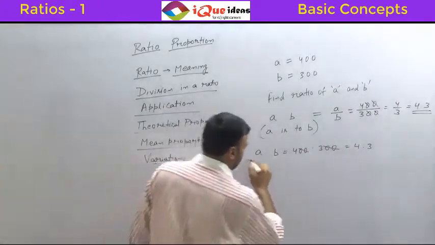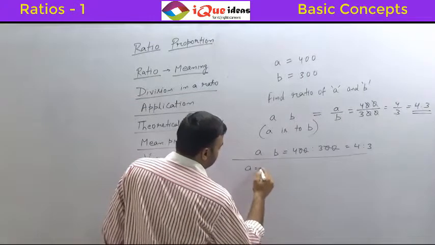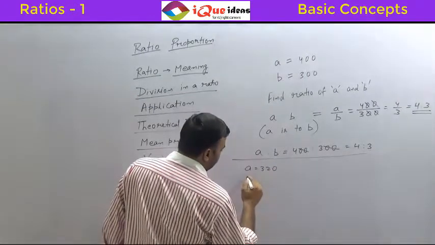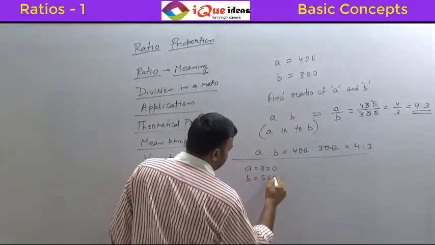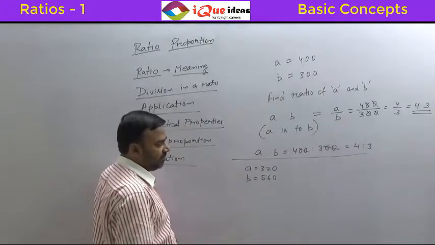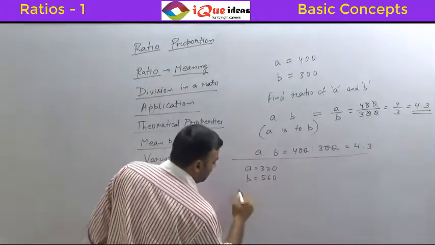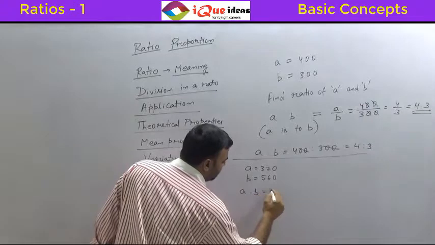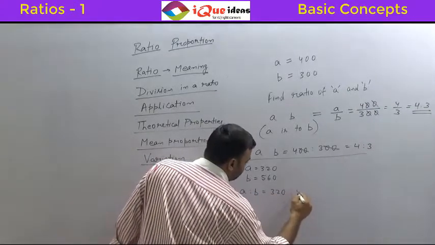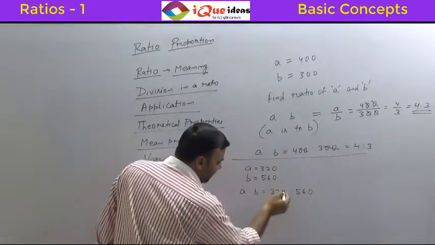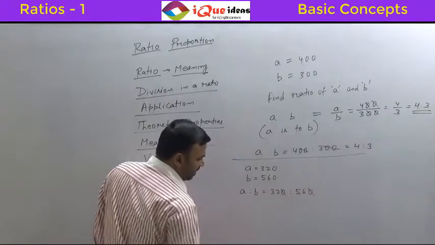Let's take another example. If we say A is 320, B is 560, find the ratio of A and B. So we write A is to B as 320 is to 560. Then 10 gets cancelled out, so 0, 0 cancelled out.